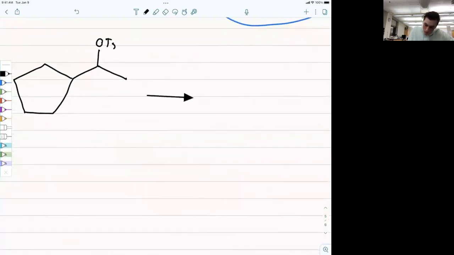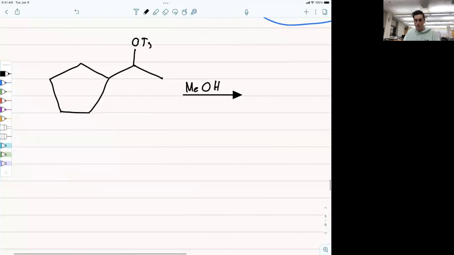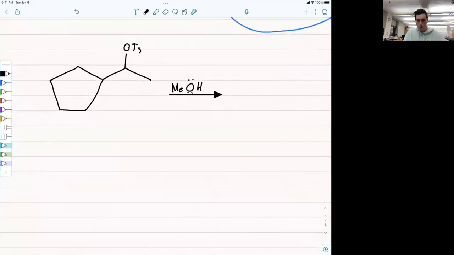Actually, we'll use methoxide. So in this case, my nucleophile is my OH.